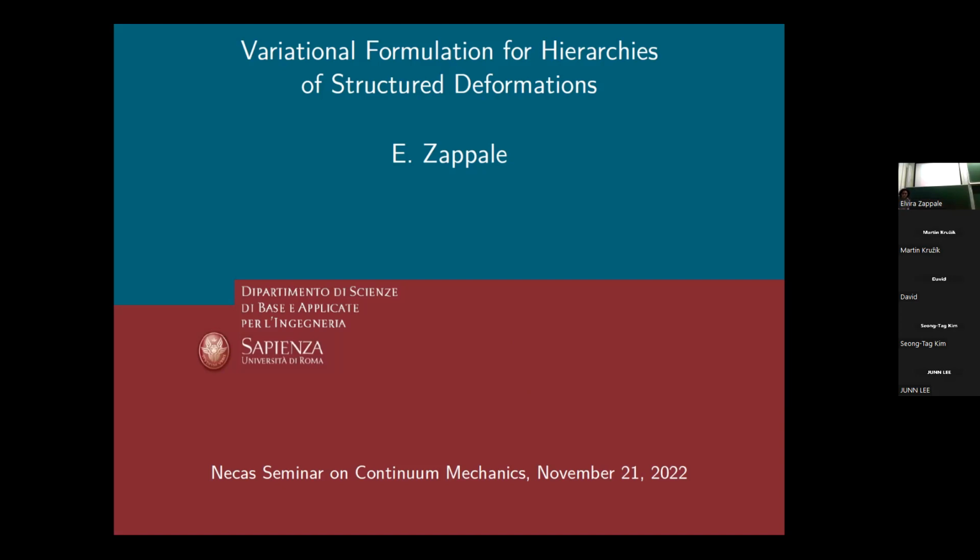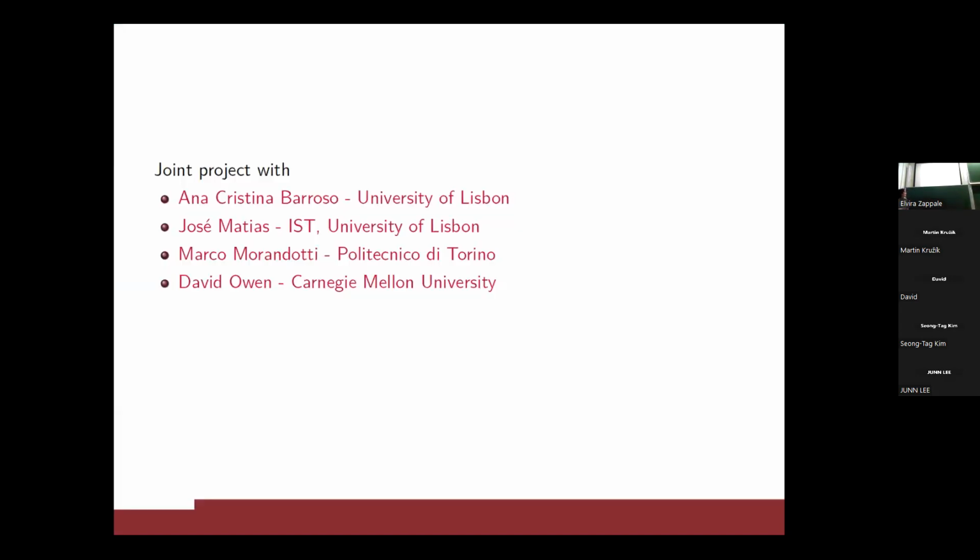So I will describe a joint project that started a few times ago with Ana Cristina Barroso and José Matias, both from the University of Lisbon, Marco Morandotti at Politecnico di Torino, and David Owen at Carnegie Mellon.